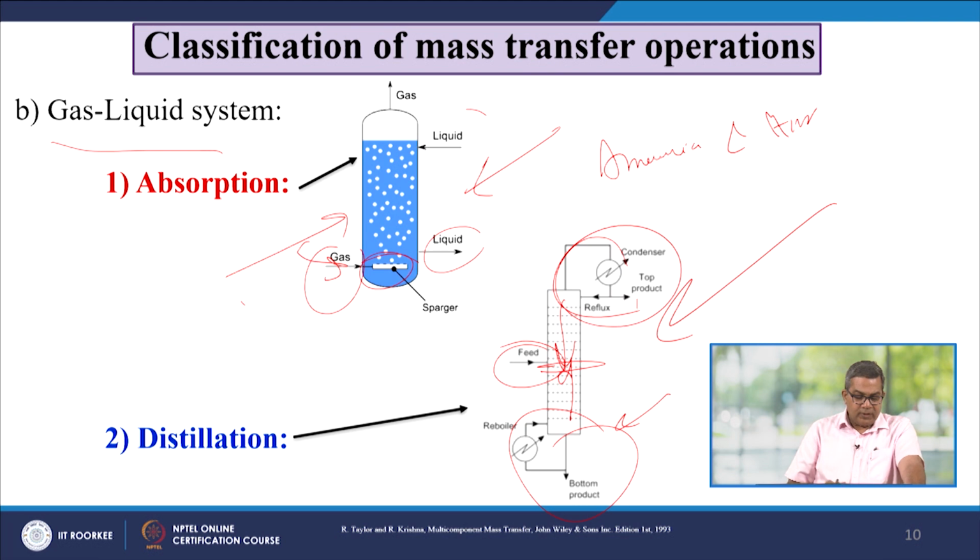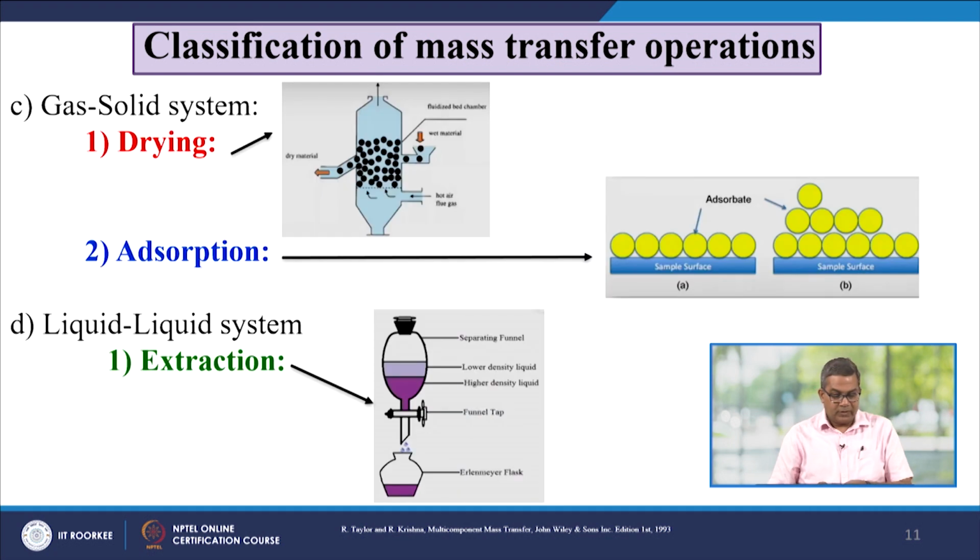When there is a difference in boiling point among the components of the mixture, we can create two phases, a vapor phase and a liquid phase. The vapor phase will be mostly the lighter component and the liquid phase will be the heavier component. Therefore, we can separate two different components or multiple components, and this process is known as distillation.